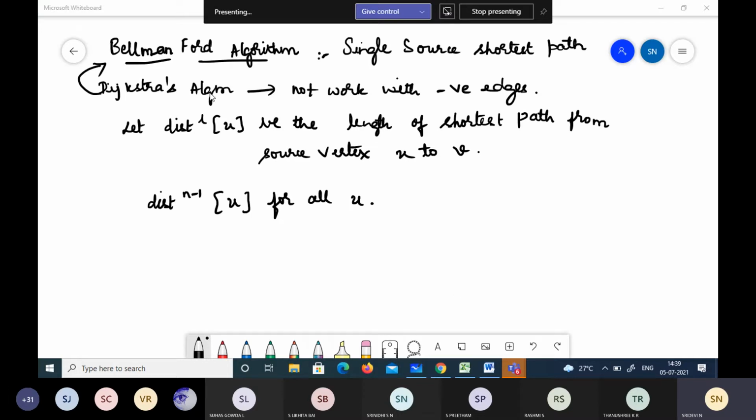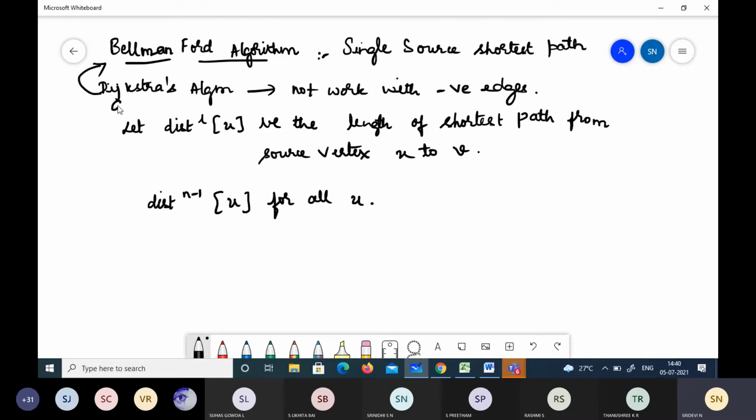So we will have this recurrence relation to calculate the distance. This k will represent the number of edges we are keeping in between.